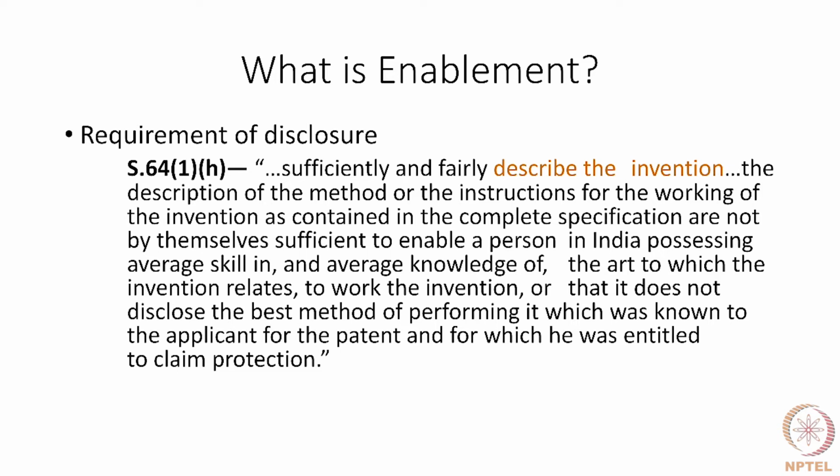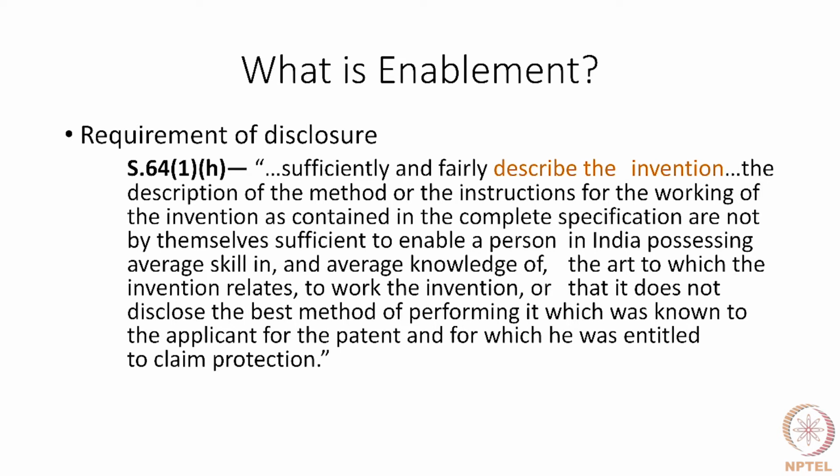The enabling disclosure requirement, which can be a ground for revoking the patent, is an analysis which you would do internally. You would read the specification and see whether it discloses the invention in a manner in which a person who reads the specification, whom we call the person skilled in the art, to whom normally all patents are expected to be addressed, can perform it.